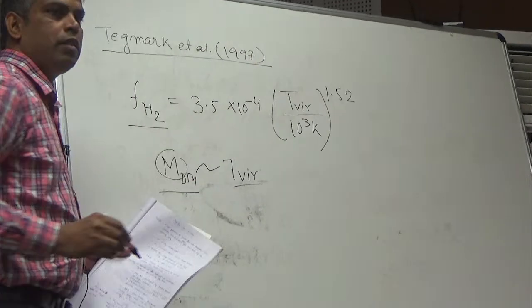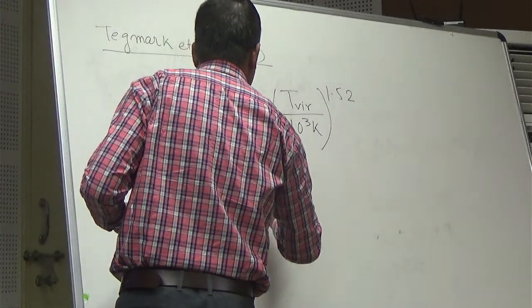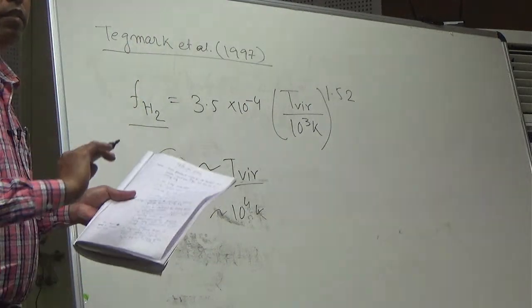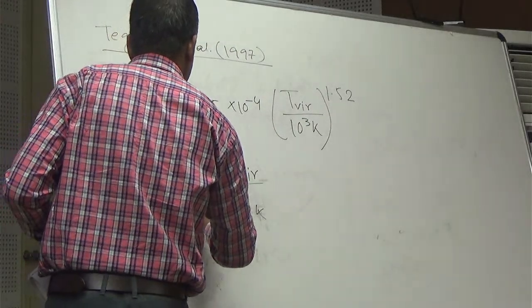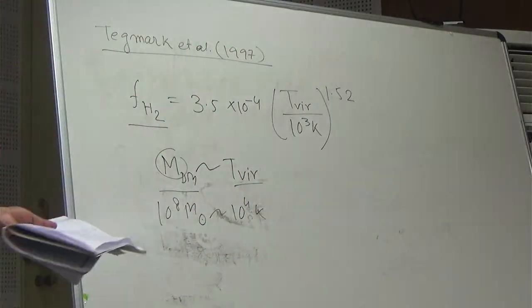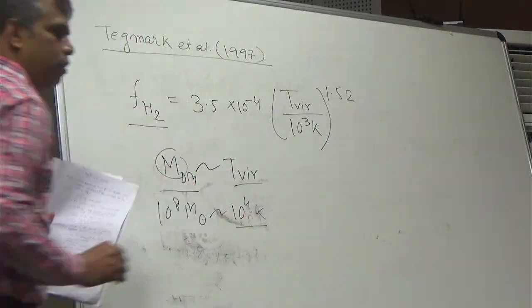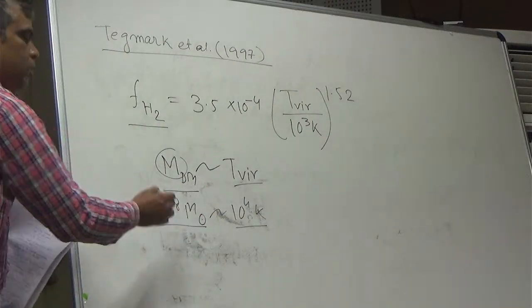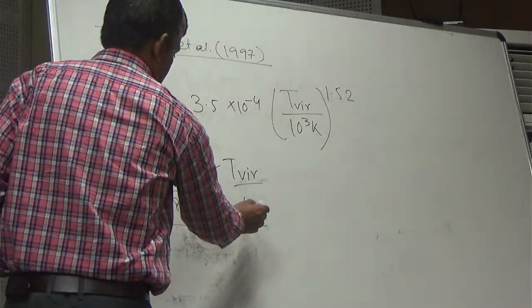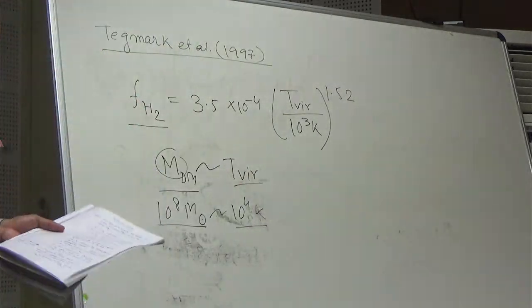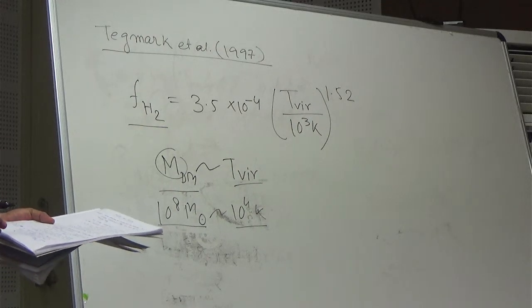Just to give you an idea, at 10 to the power 4 Kelvin virial temperature, the typical dark matter mass is around 10 to the power 8 solar mass. That's the typical number. If you reduce the virial temperature, the dark matter mass will also be reduced. This number is significant because this is the temperature at which atomic cooling starts. We discussed this yesterday, right?